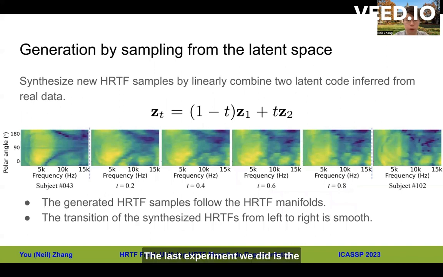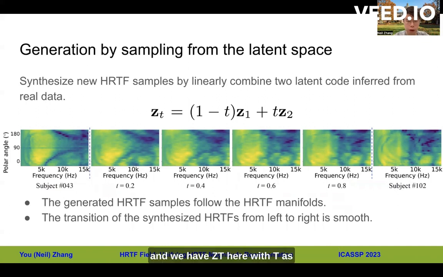The last experiment we did is generation by sampling from the latent space. In the figure we show here, the leftmost and the rightmost are two subjects' HRTFs drawn from the dataset. We first infer their latent codes Z1 and Z2, and we perform interpolation in the latent space.